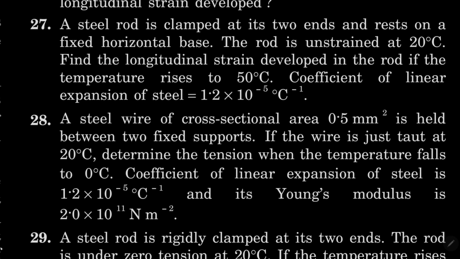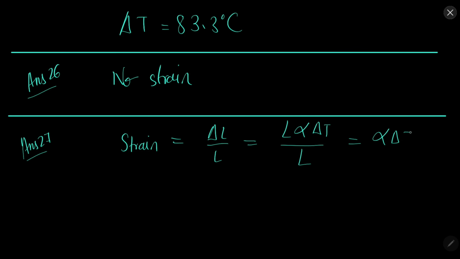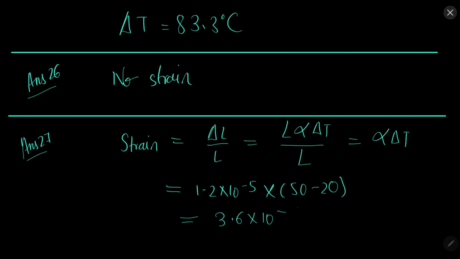In question 27, a steel rod is given. The rod is unstrained. Find the longitudinal strain. Solution 27. Strain will be del L by L, L alpha del T by L, which is alpha del T. 1.2 into 10 to the power minus 5 into 50 minus 20 will give us 3.6 into 10 to the power minus 4. This will be the strain developed.